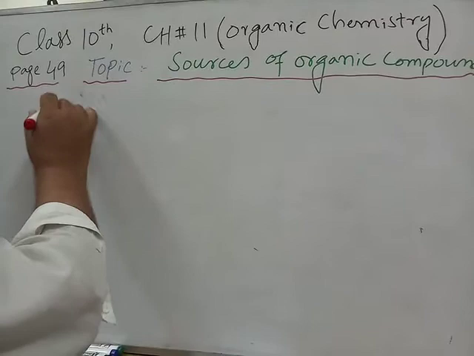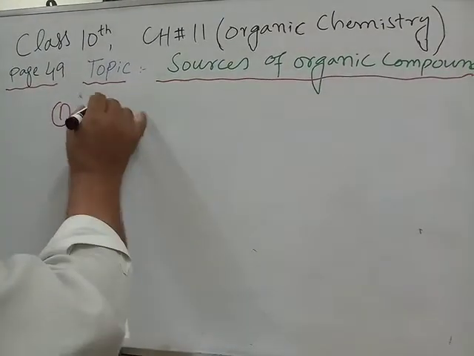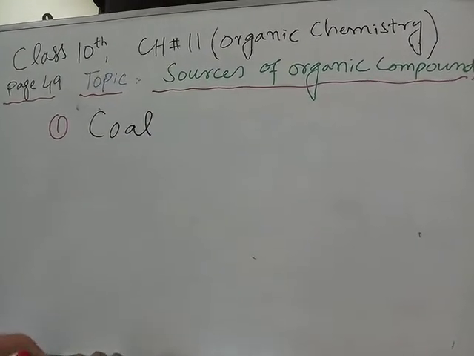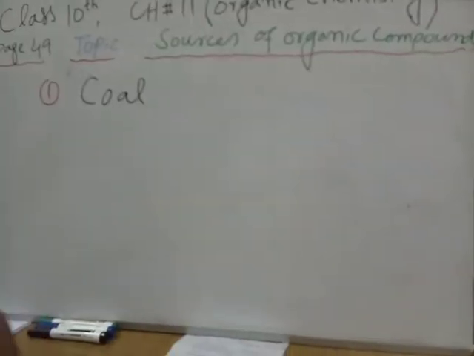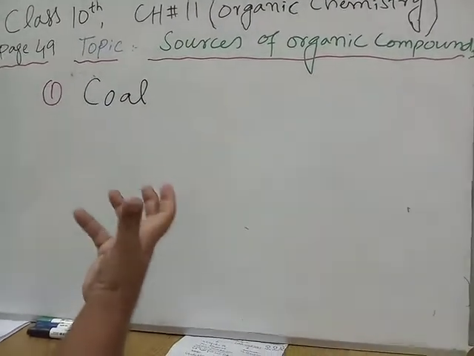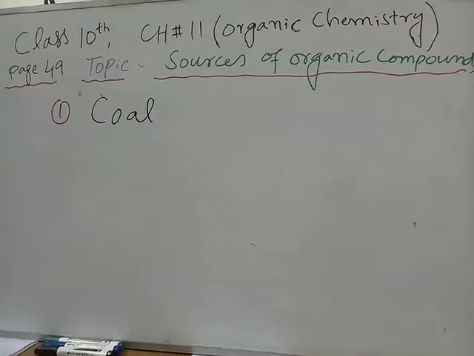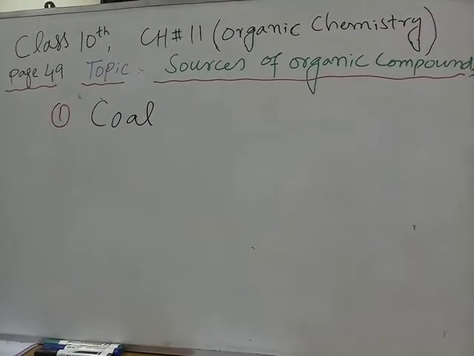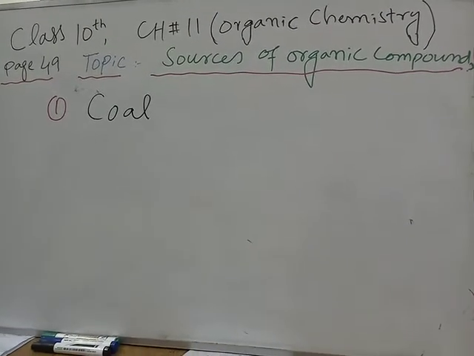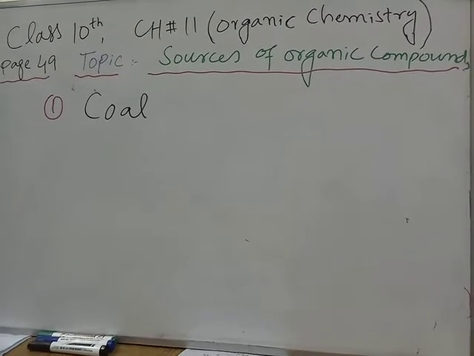Number one is coal. Coal is actually the dark brown or blackish hard mass present under the earth's surface. It is extracted, and when coal is burned, we just obtain carbon dioxide and water.